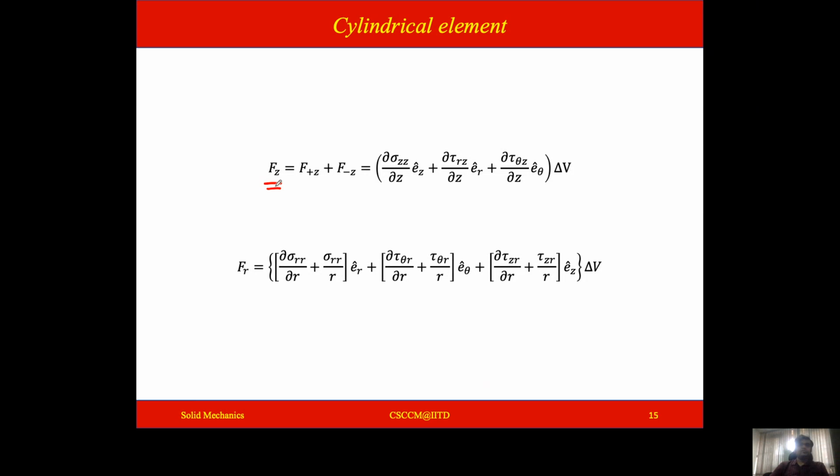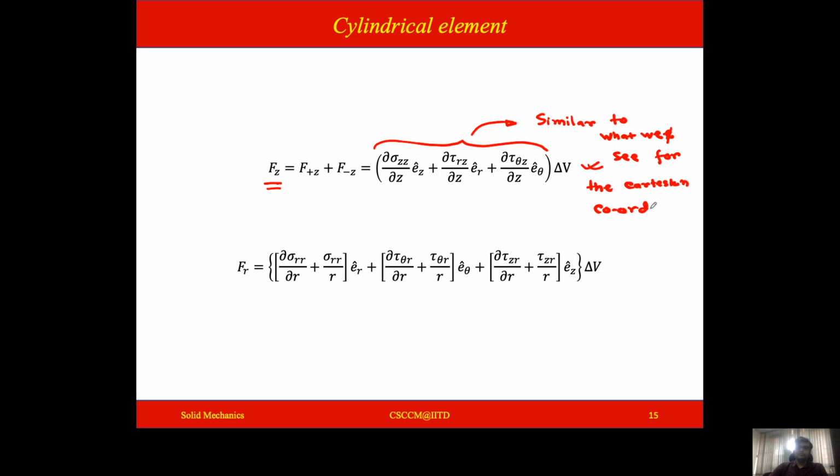The total force acting on the Z plane is given by this formula, which is exactly similar to what we saw in the Cartesian coordinate system.